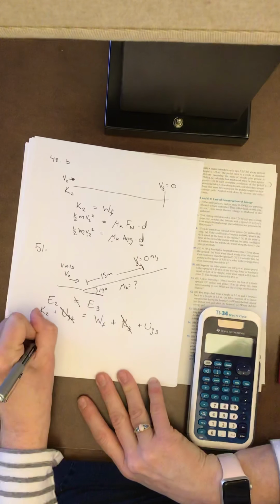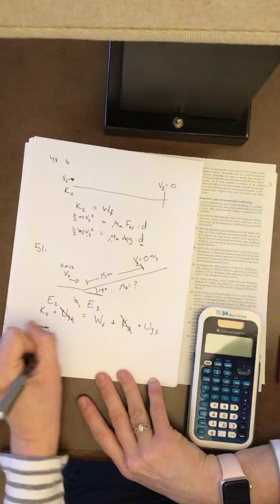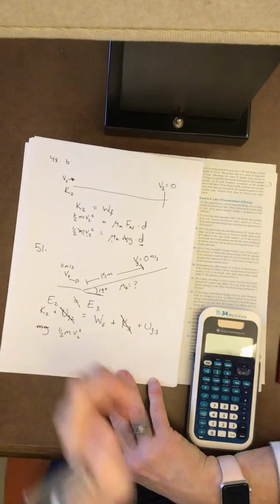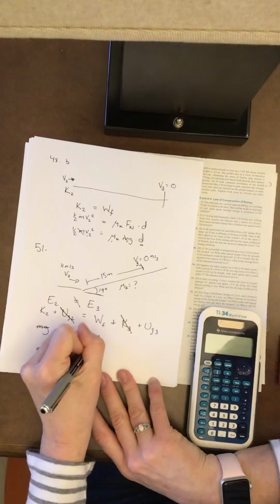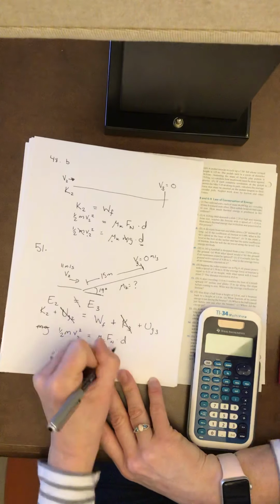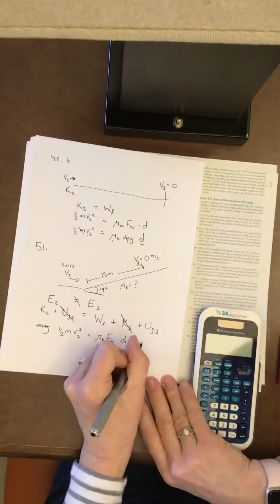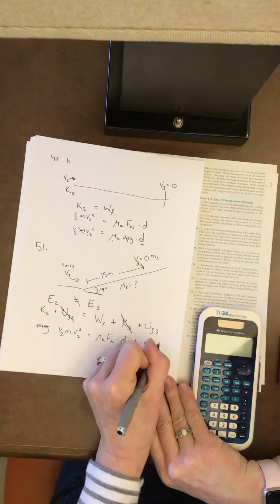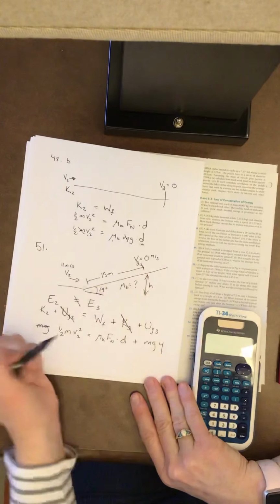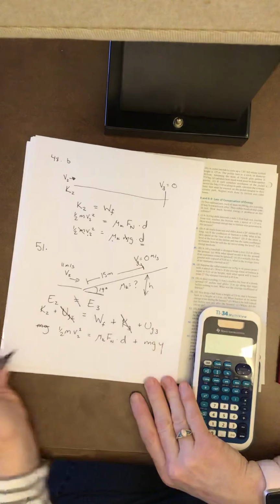I start piecing out what I know. Half m times v2 squared, v2 is known, plus mu sub k times normal force times the distance going up the hill, which is 15, plus mgy. We have the same issue as before, knowing the length of the hill rather than the height, or y, of the hill, so we'll have to piece that out.